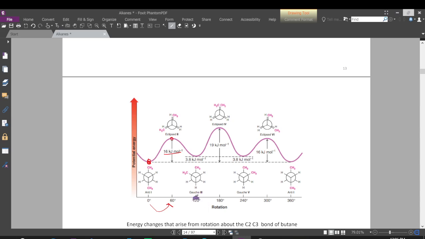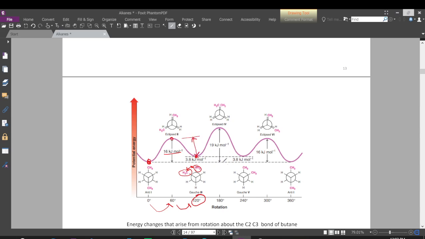If we rotate a further 60 degrees, that means a total of 120 degrees, this will form the gauche conformation. In the gauche conformation, the methyl groups are beside each other, but in the staggered configuration, so the energy is less than the eclipsed conformations.